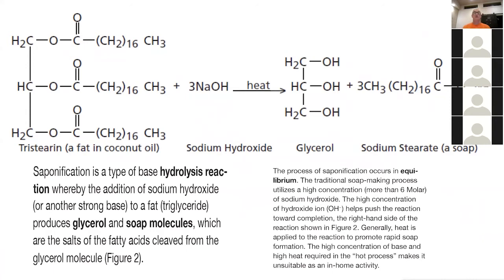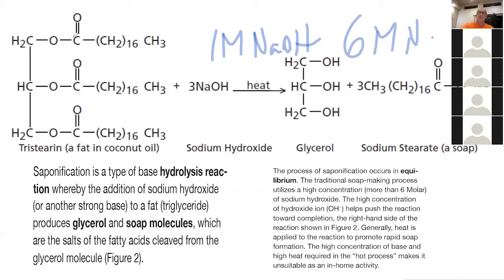So usually, commercial soap making uses what's called a hot method. They do exactly the same reaction we're going to be doing, but instead of using 1 molar sodium hydroxide, they use 6 molar sodium hydroxide, and they raise the temperature. It's an endothermic reaction, so the more heat you add, the faster it goes.